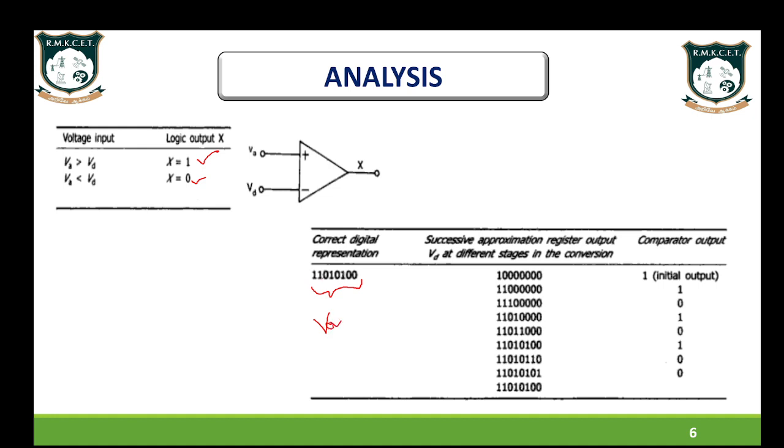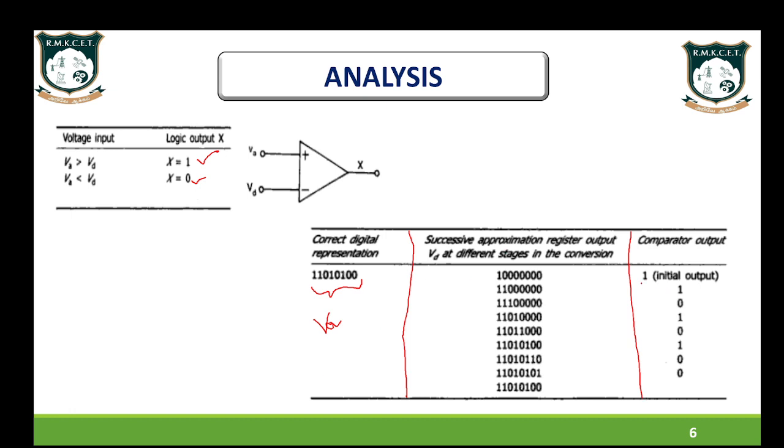The analog voltage has a binary representation of 1 1 0 1 0 1 0 0. The second column represents the successive approximation register SAR output VD at different stages in the conversion, and the third column represents the comparator output.